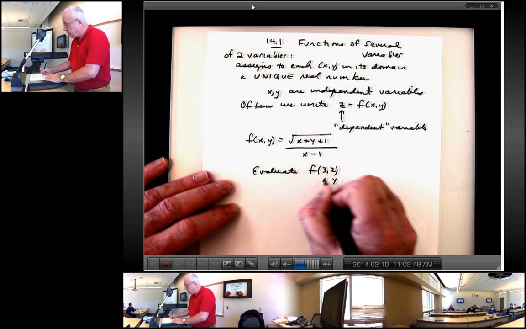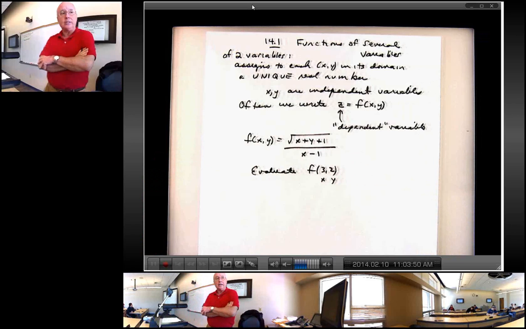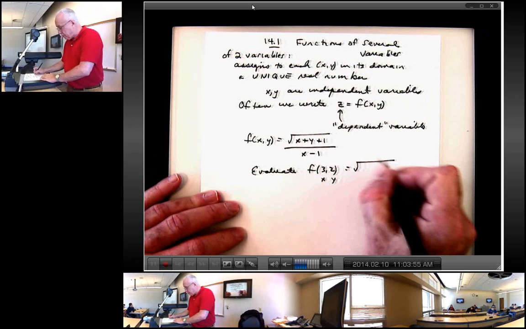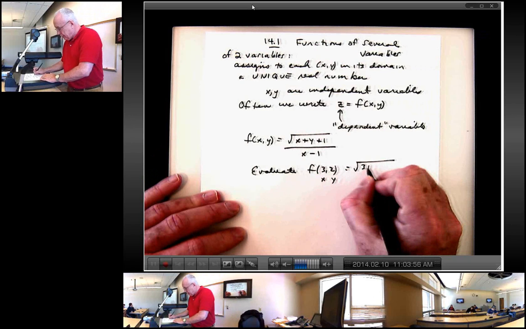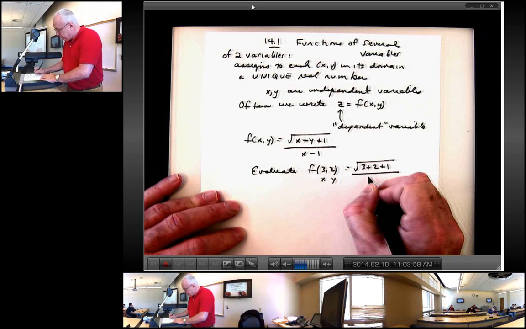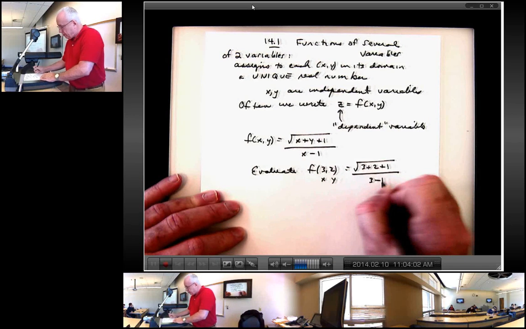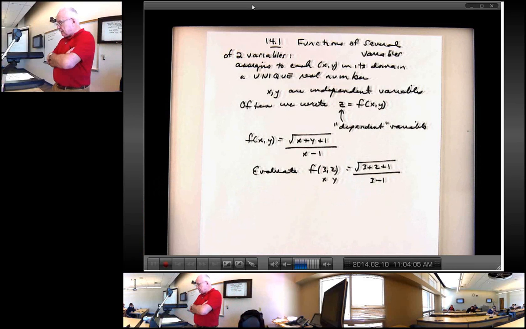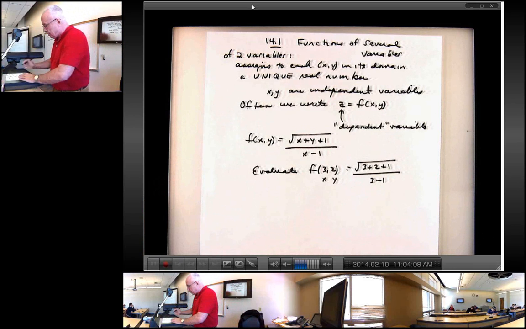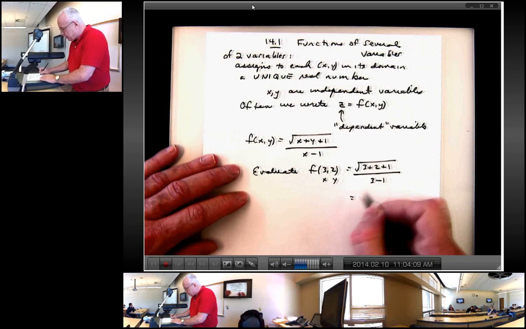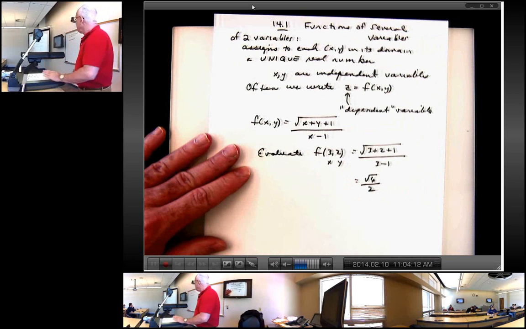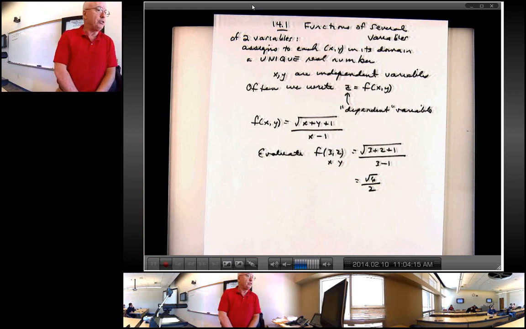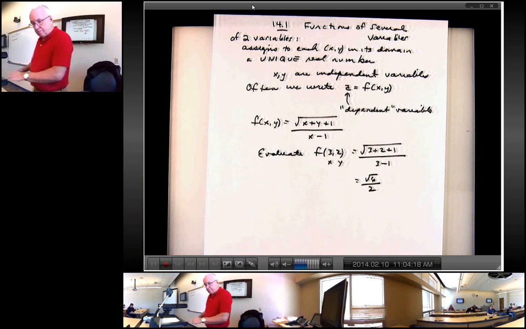The first coordinate is going to be the x, the second is the y, and you just plug in the number values for the variables. So the square root of (3 + 2 + 1), all divided by (3 - 1). And we get the square root of 6 divided by 2, and that's the value of the function at that particular pair of numbers.